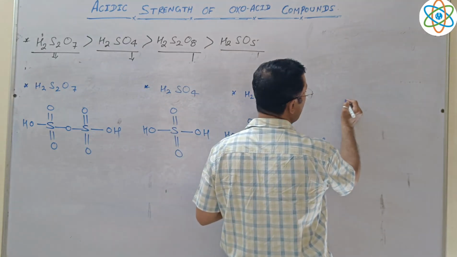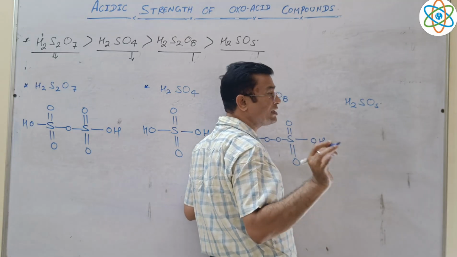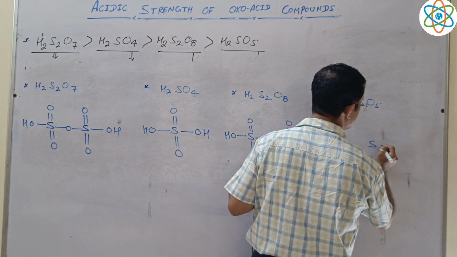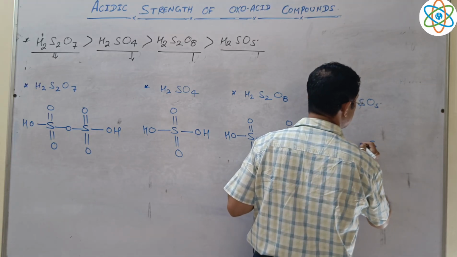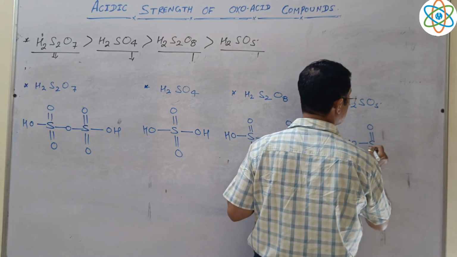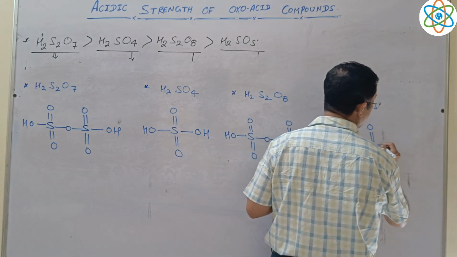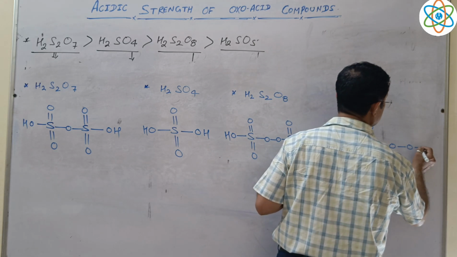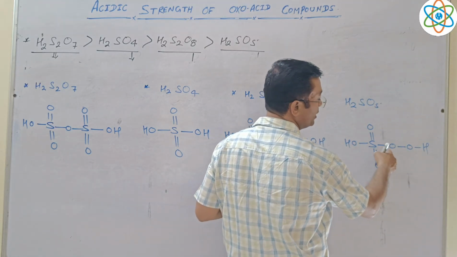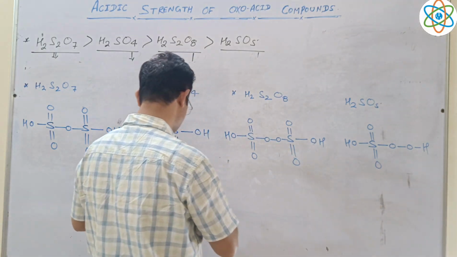And now when I am talking about H2SO5, this is called Caro acid. Here this is the sulfur, this is the oxygen hydrogen, this is a double bonded oxygen, this is another double bonded oxygen, and now 2 oxygen atoms join with each other in this manner. Therefore what you will see, this is also a peroxide bond.